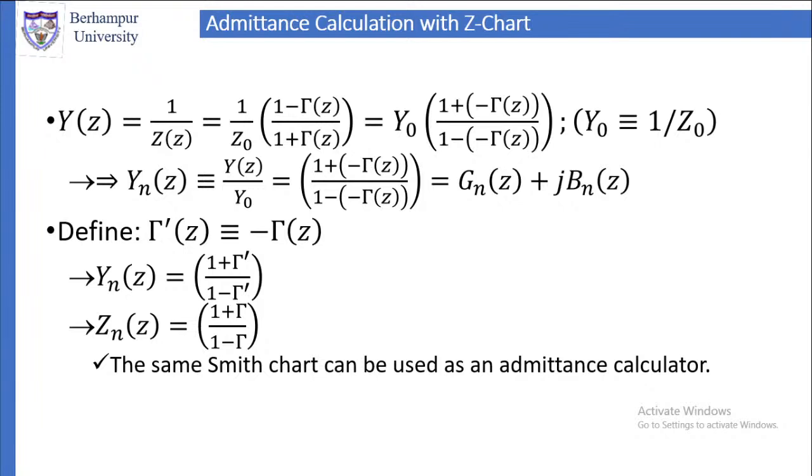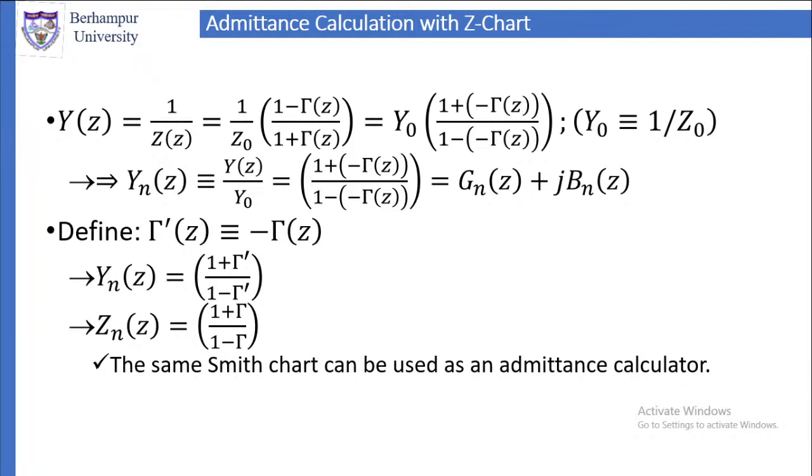In the impedance case, we wrote it as Rn plus jXn. For the admittance, it is Gn plus jBn. Gn is the normalized conductance and Bn is the normalized susceptance. So this Yn can be written like this.